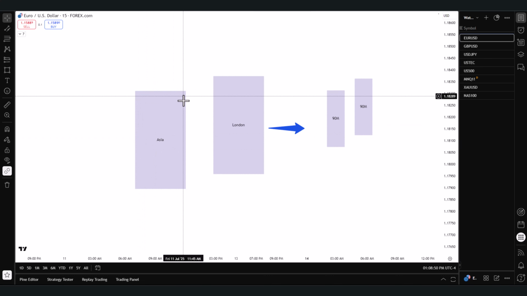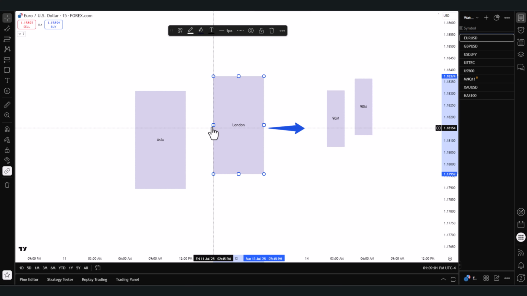Suppose this is Asia range and this is London range. What did London do? London sweeps the Asia high. That means our London session's bias is sell. London sweeps Asia high, that's why our London's bias becomes sell.